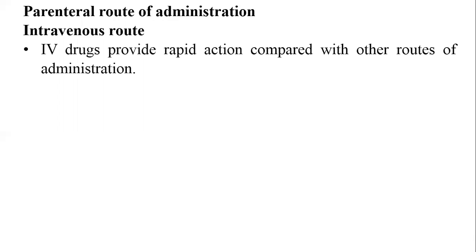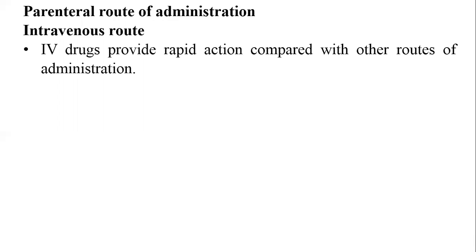Parenteral routes of administration. First, we have intravenous route. The IV drug provides rapid drug action compared with other routes of administration. Why? Because the drug is administered directly to the systemic circulation.